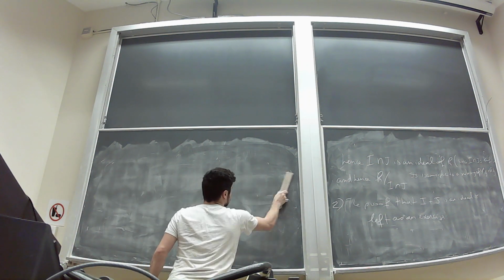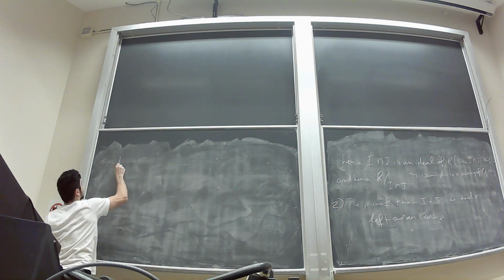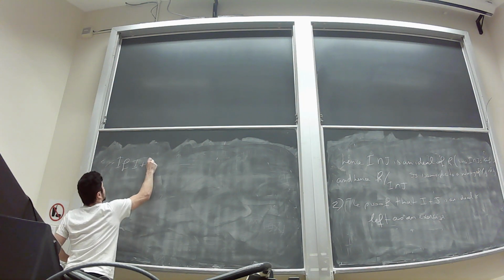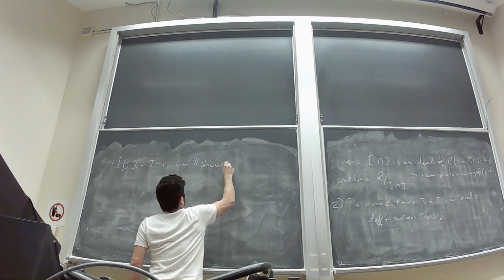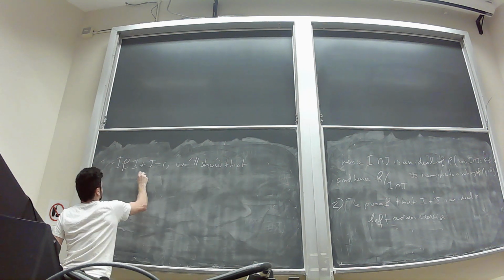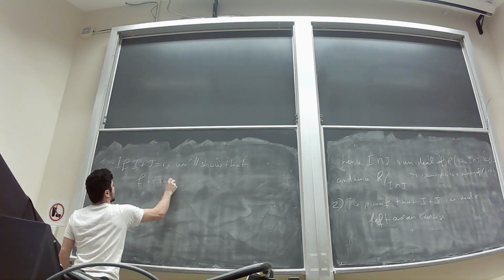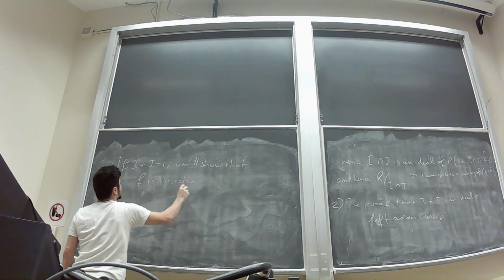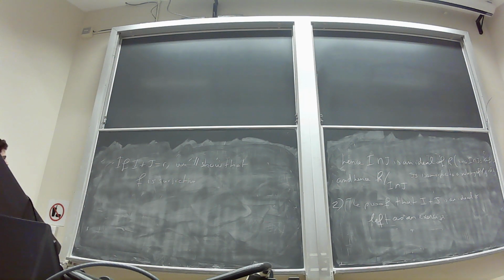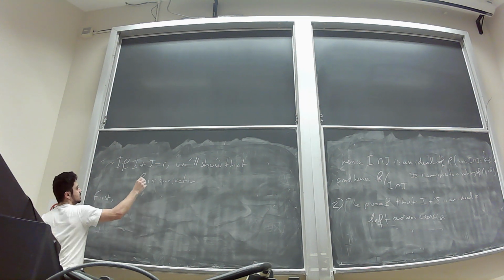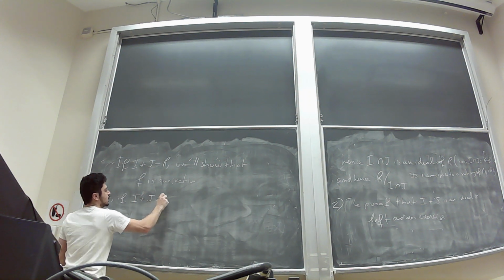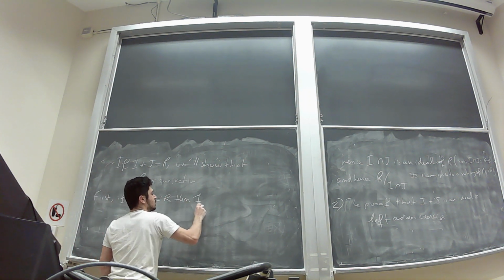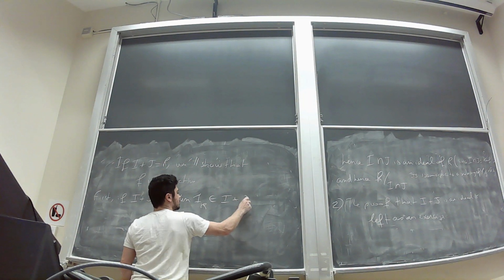We'll show that if I plus J is equal to R, then f is surjective, and then we win by the first isomorphism theorem. Okay, so first, we know if I plus J is equal to R, then 1_R belongs to I plus J.